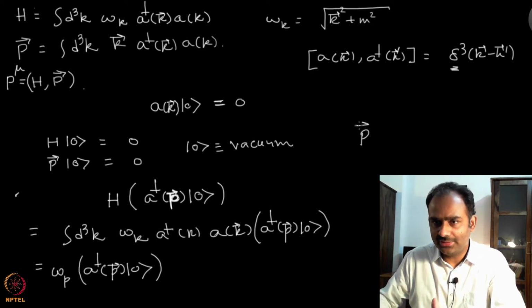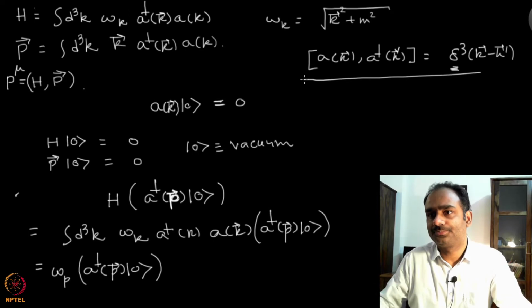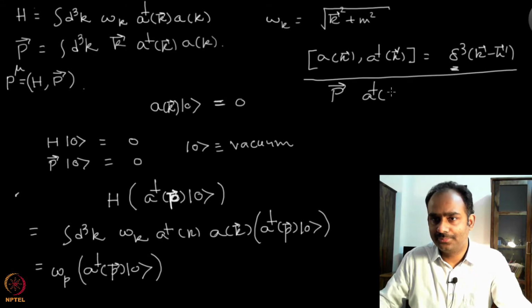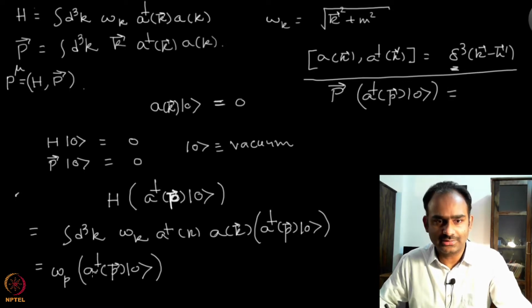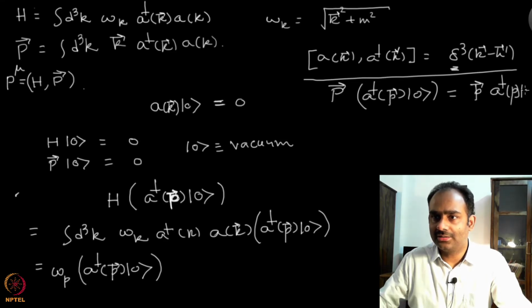So, if I take the momentum operator P and act on this state A dagger of p ket 0, then as before, instead of omega p here, I will get p times A dagger of p ket 0.